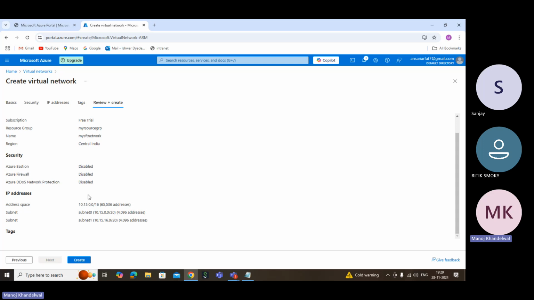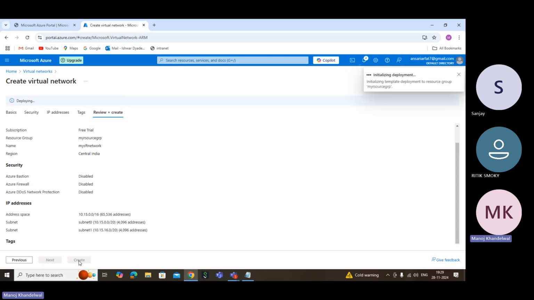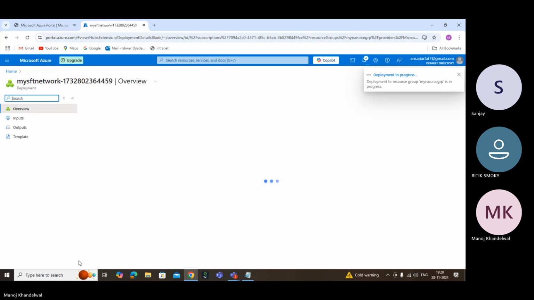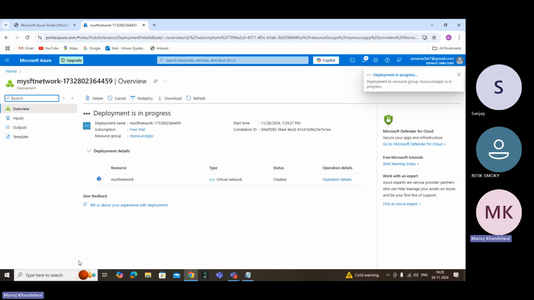And then when I say create, it will create. The network gets created. So what we study in theory and what I am teaching you is directly applicable. Do you agree now? Just imagine if I had taken you directly to Azure like this, what would you have understood? Nothing. I would have said, just click here, the network is ready.